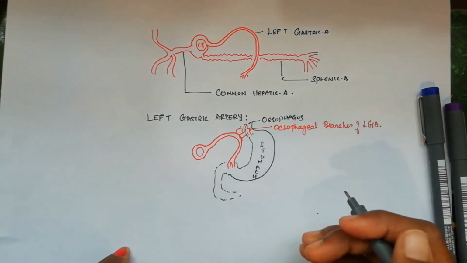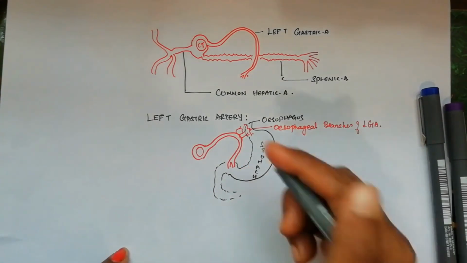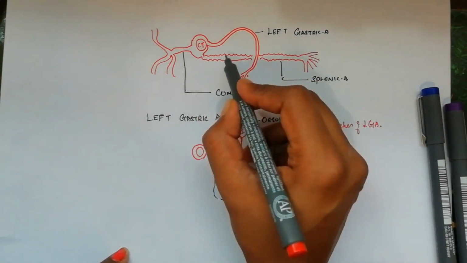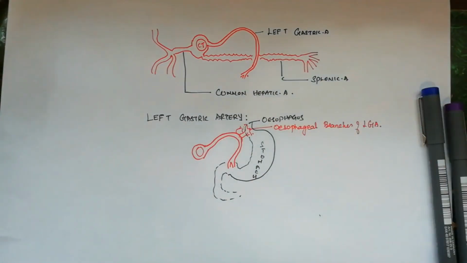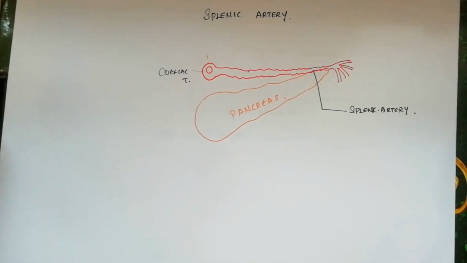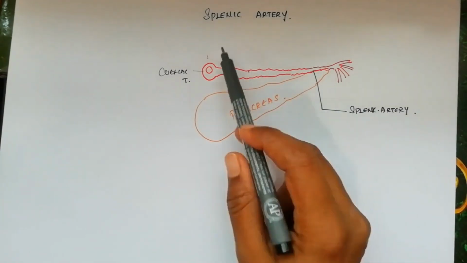Now we will move on to the next artery, a major artery of the celiac trunk, which is tortuous in its course. We will call that the splenic artery.